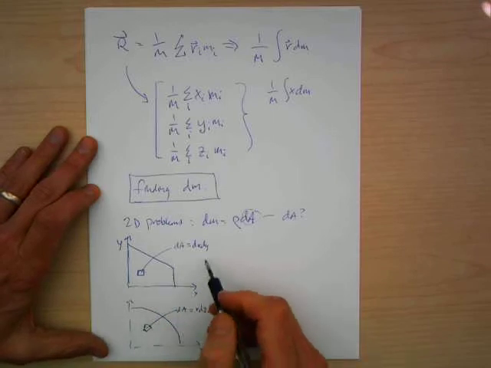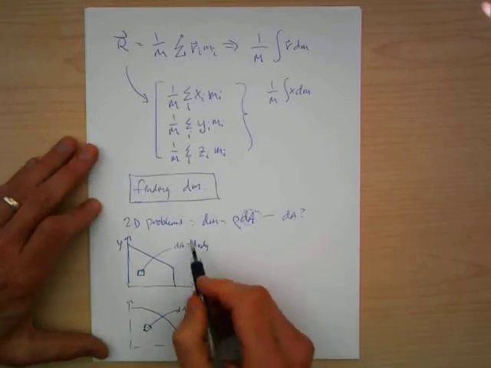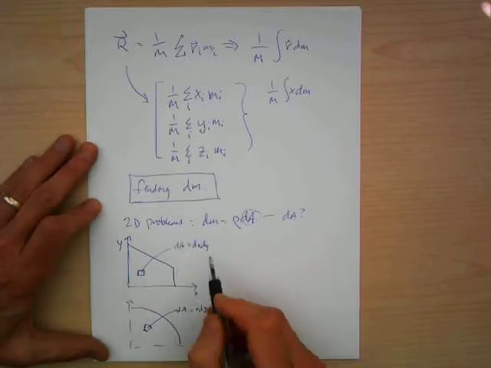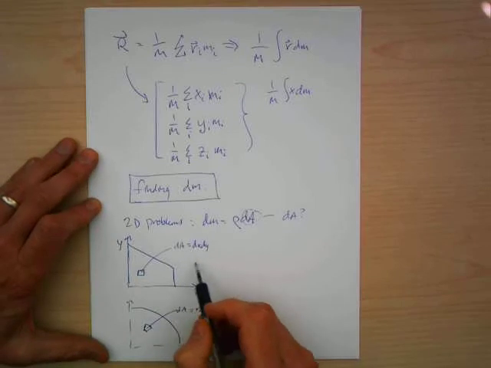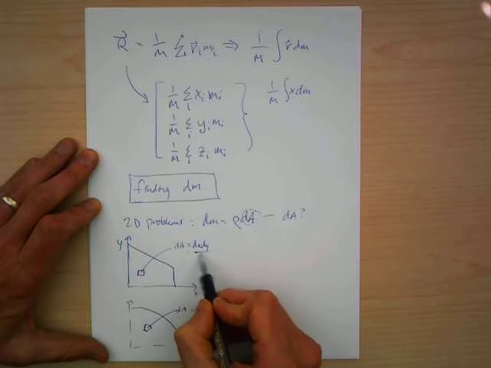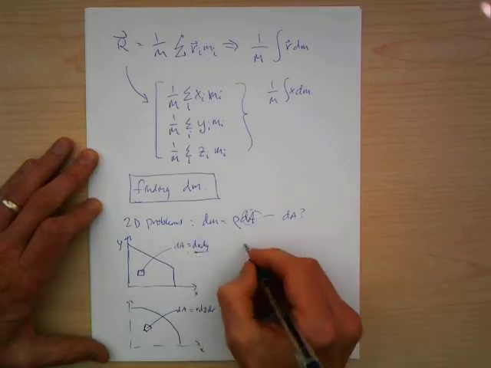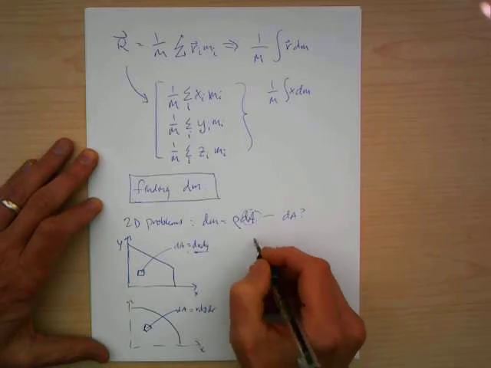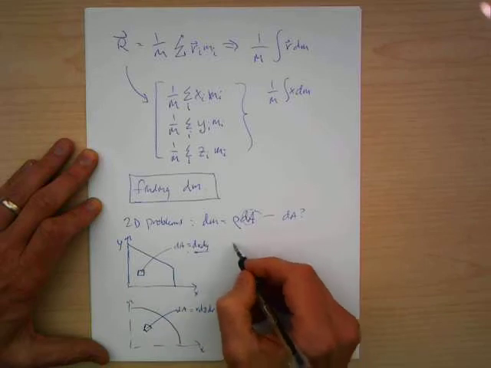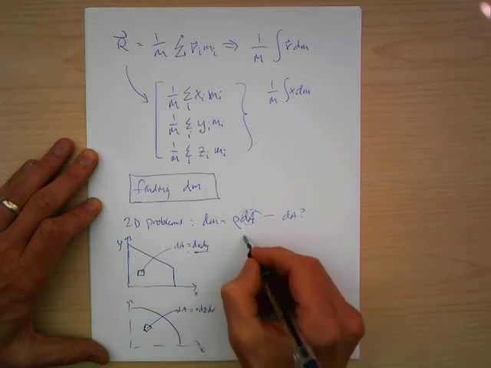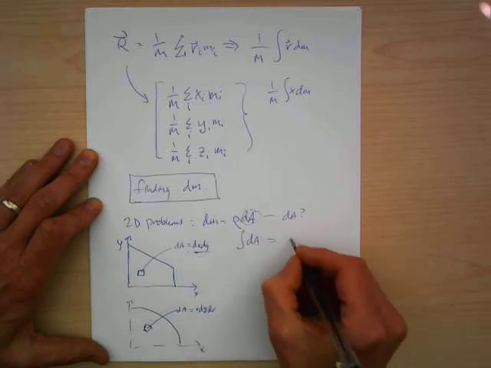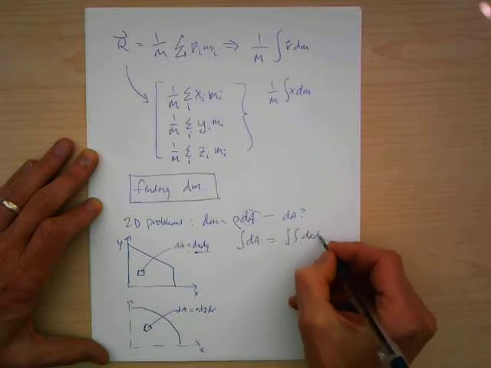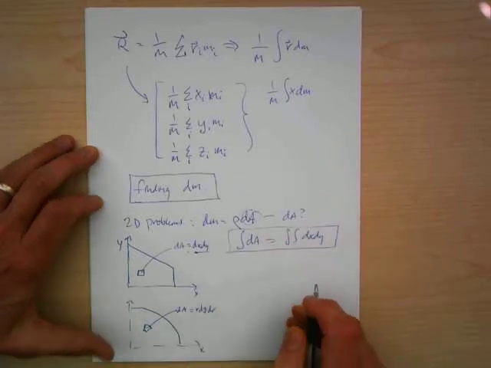So in principle, the idea is figure out what your dA is, and then you're just going to integrate over it. In this 2D case, we're integrating over x and y, so we would have a double integral of dA, which would be a double integral over dx and dy. That's the sort of thing we're thinking about.